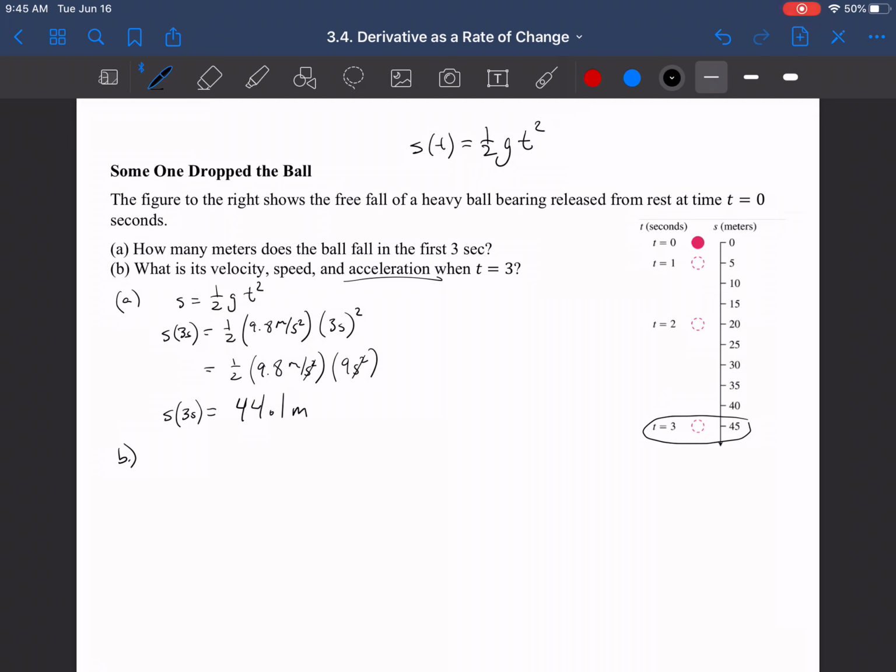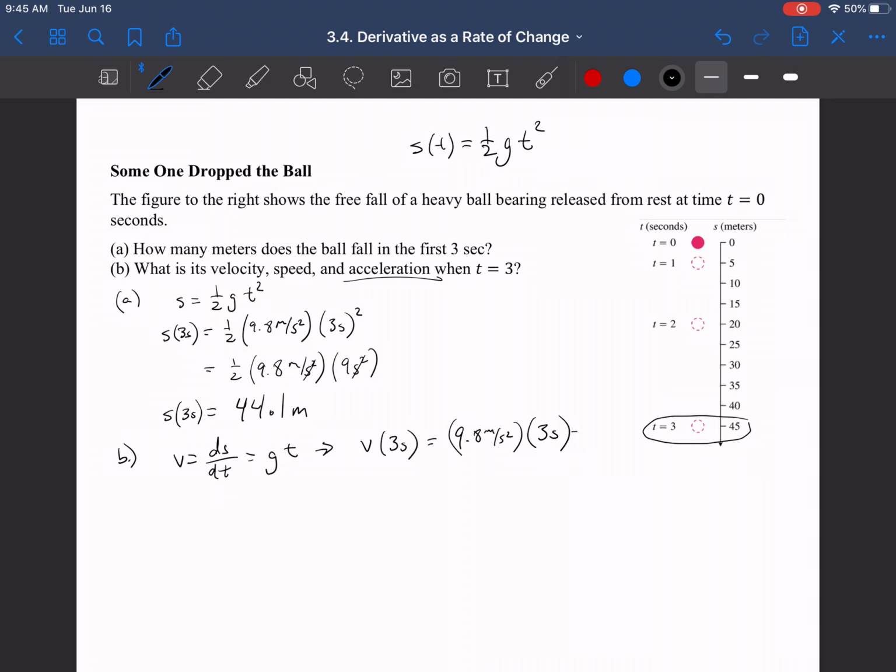Okay, so starting with velocity. Velocity is ds dt, and we just did that derivative on the previous page and got g times t. All right, so that means velocity after 3 seconds is going to be 9.8 meters per second squared times 3 seconds.